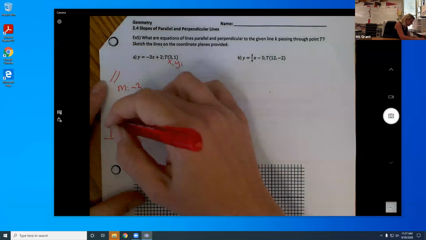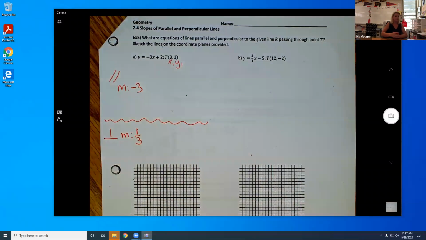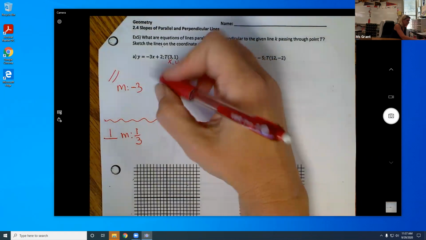So I'm basically separating, I'm doing my parallel, same slope, perpendicular, opposite reciprocal. We're just going to do number 5A, okay? So I want you to kind of work ahead on your own. Without copying me.